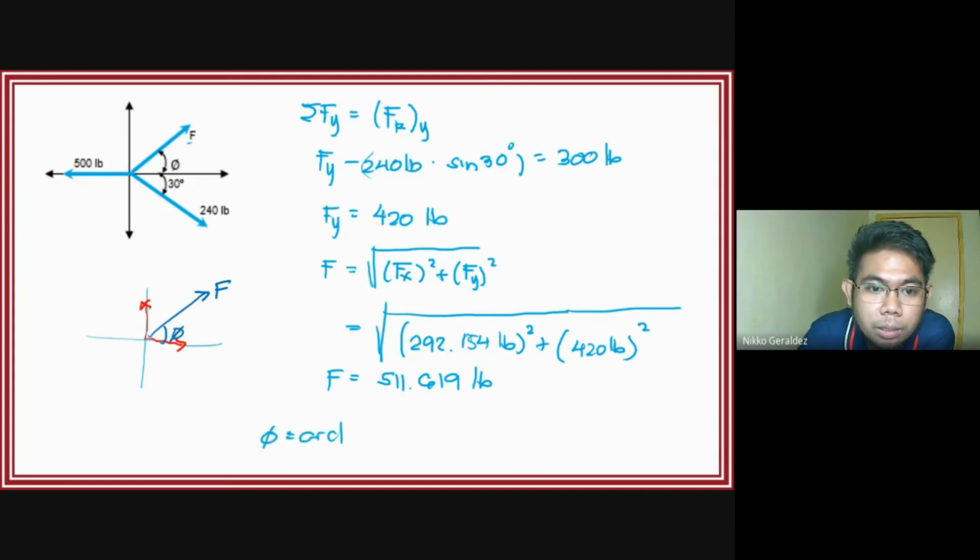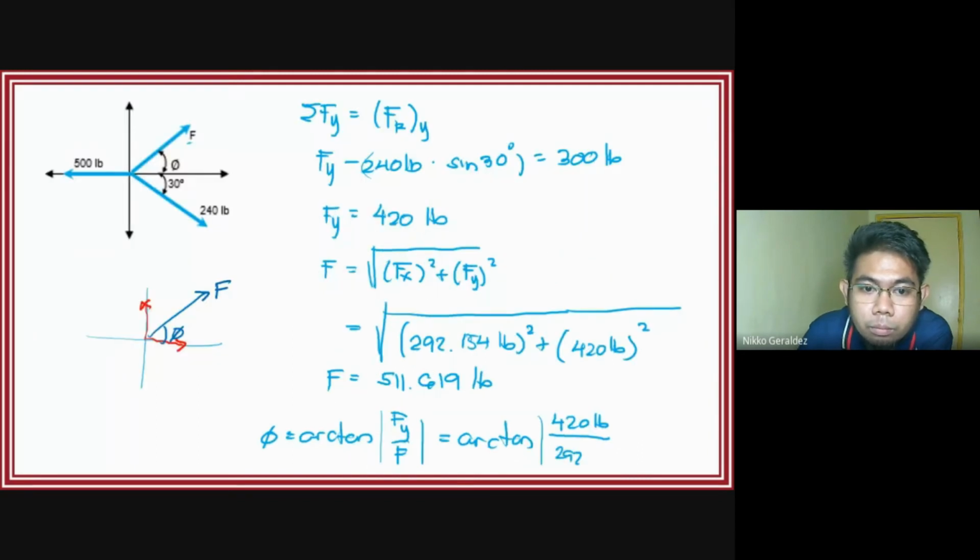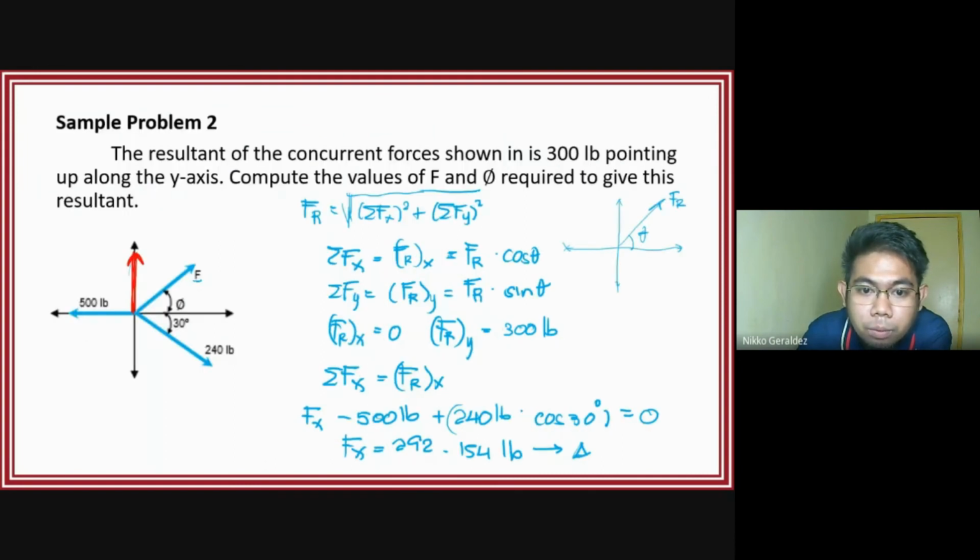Arc tangent of Fy over Fx. So, arc tangent of Fy, that is 420 pounds over Fx, that is 292.154 pounds.